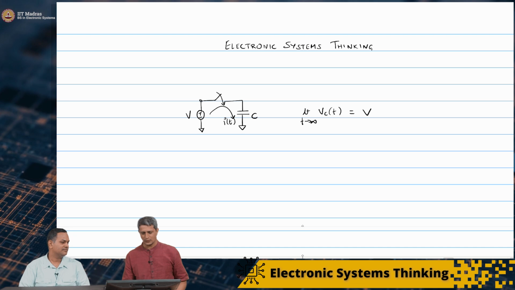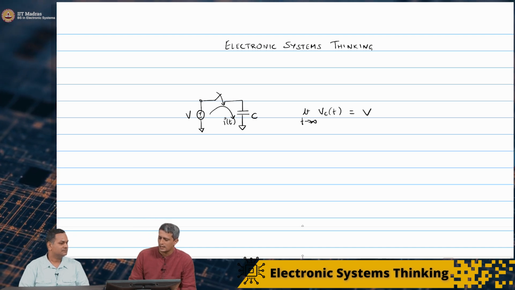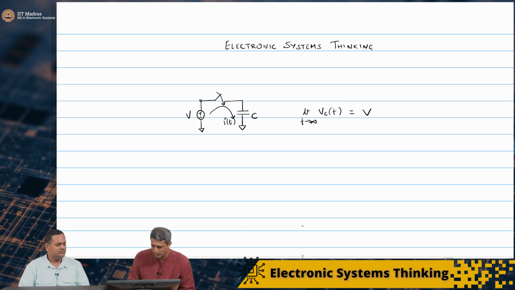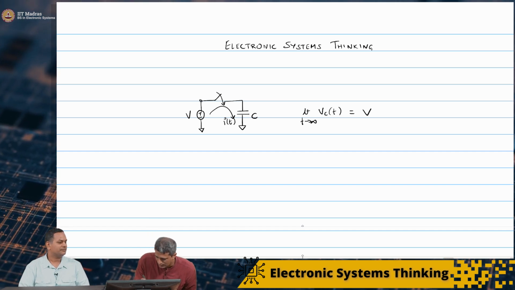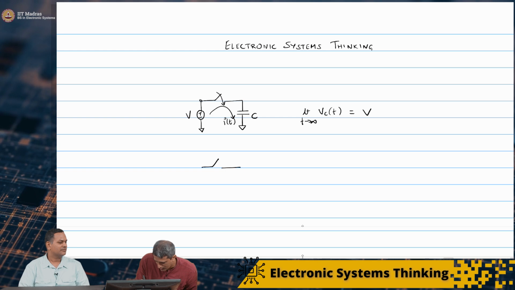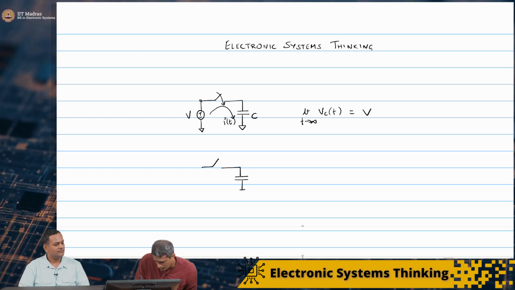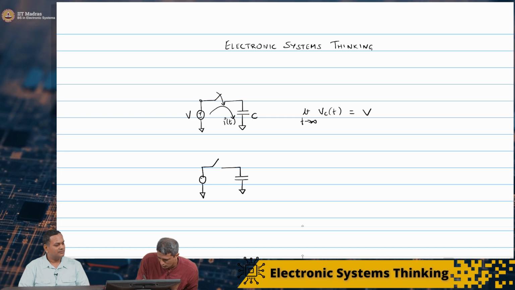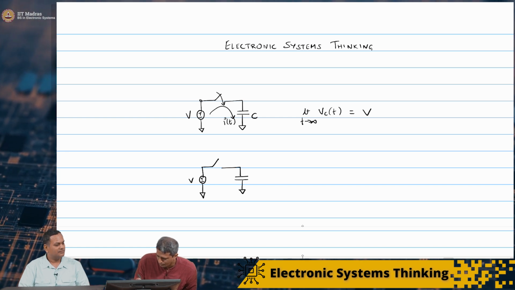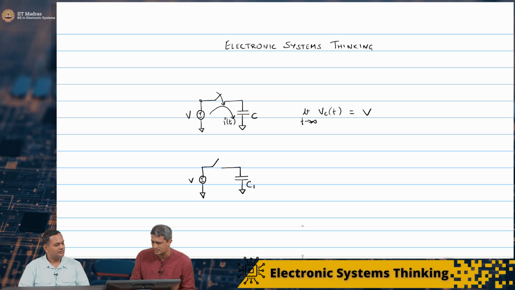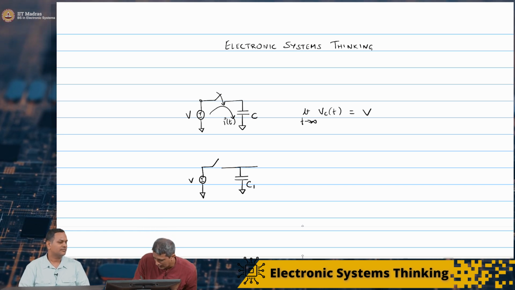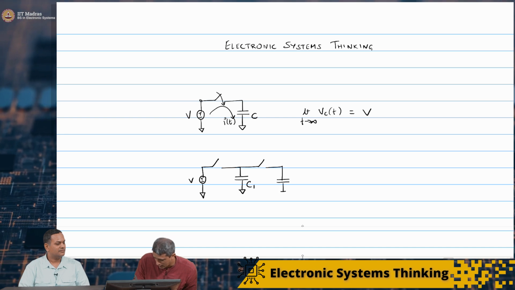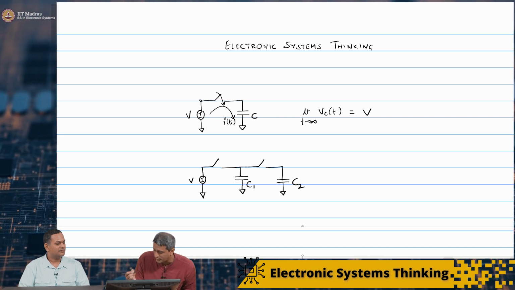Okay. So now I want to make this problem a little more interesting. I'll redraw that circuit. I have a voltage V, and a capacitor C1, and then I have another switch, but this time it's going to another capacitor C2.